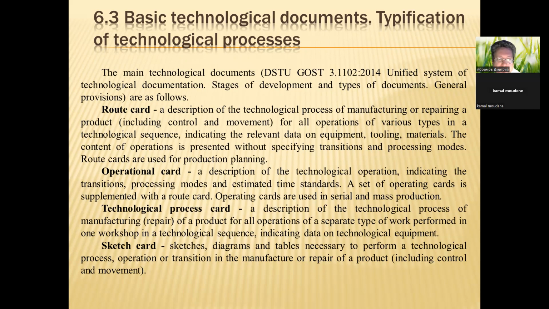First document, it's road card. A description of the technological process of manufacturing or repairing a product, including control and movement, for all operations for various types in a technological sequence indicating the relevant data on equipment, tooling, materials.